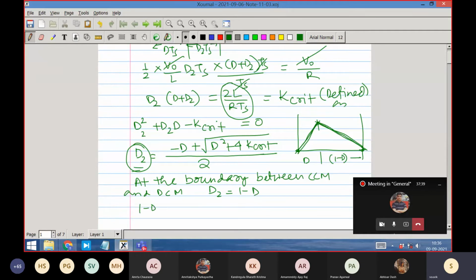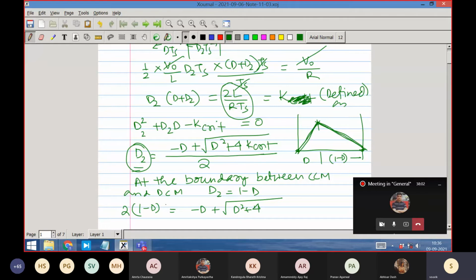So 2 into 1 minus D is equal to minus D plus the square root term. I'll change this a little bit. This is not K critical, this is at K equal to K critical. This is at the boundary.